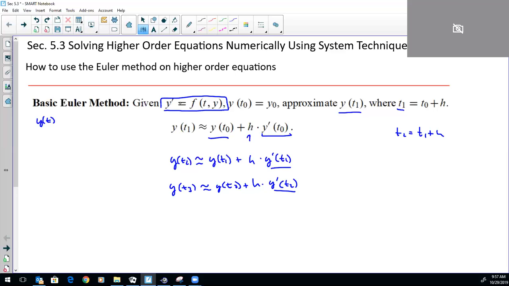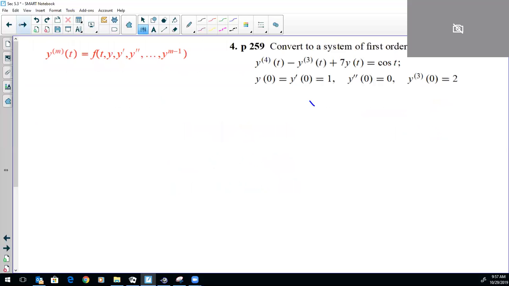Okay, so we want to do the Euler technique on a higher order DE, so we need to play around with the higher order DE and get it into a first order situation. Okay, so what I have here on the left is an equation that stands for a single differential equation of order m.